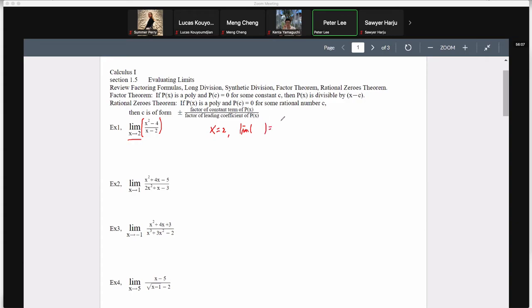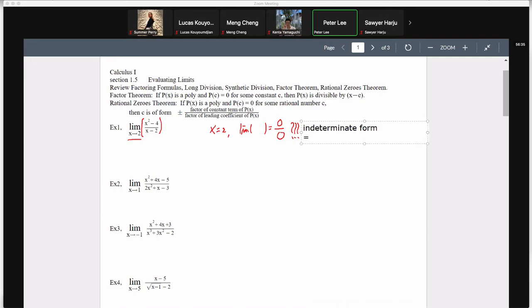It becomes 0 over 0. Oh, 0 over 0? Now 0 over 0 is a problem. I will be spending a lot of time on this kind of form. This 0 over 0 is what is known as an indeterminate form. Indeterminate form, what does it exactly mean?